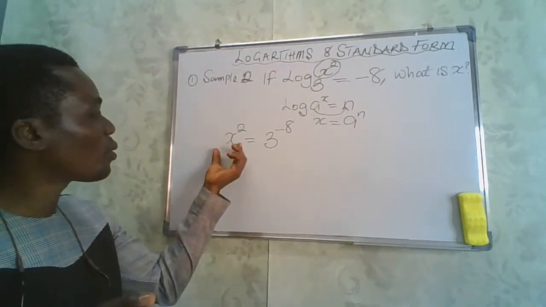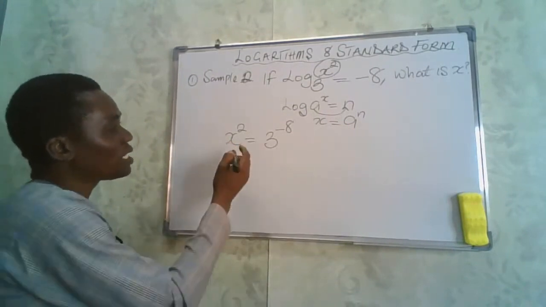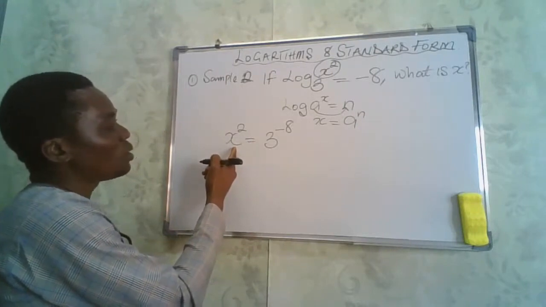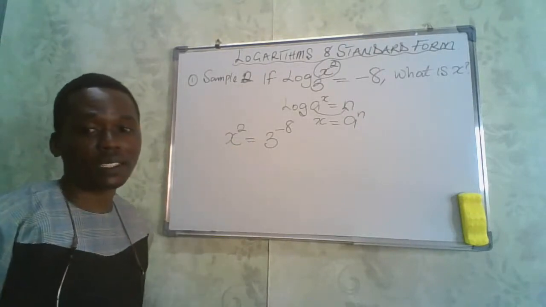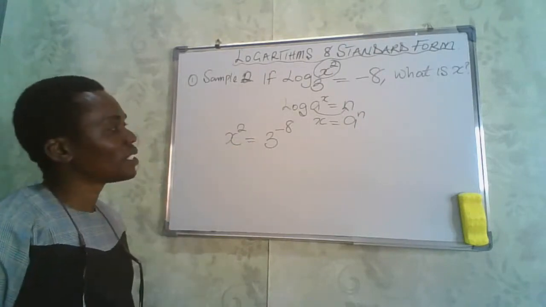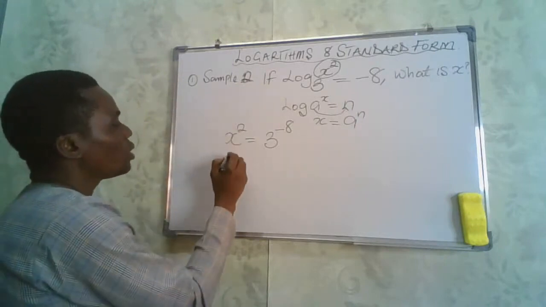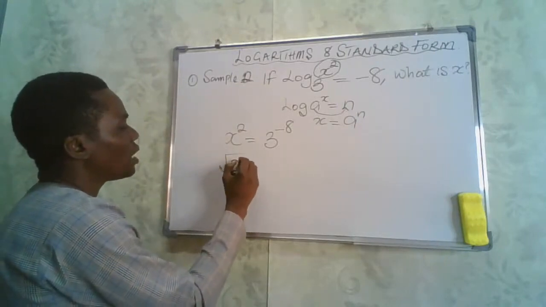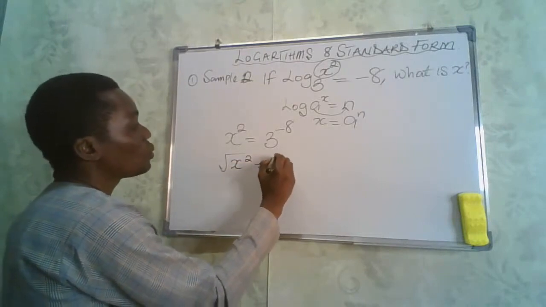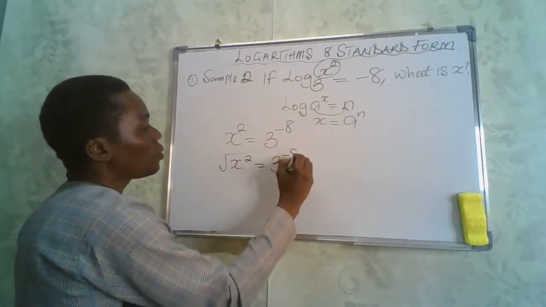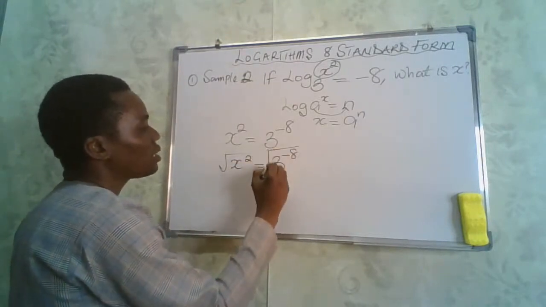Now, for you to find the solution, you must take the square root of both sides. If we take the square root of both sides, this will give us x squared equal to 3 to the power of -8.